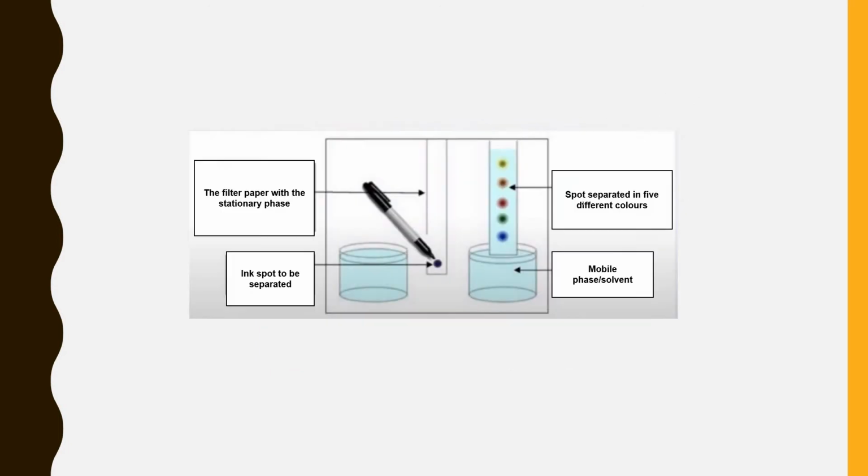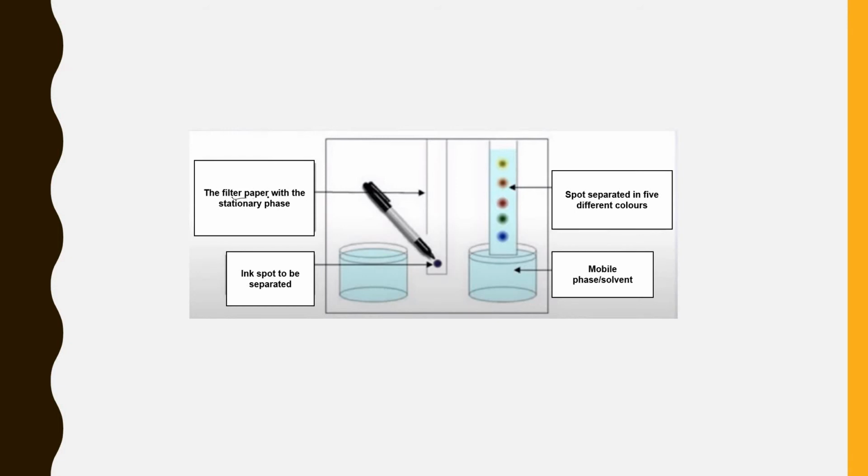As we can see here, for example, you have an ink. In this ink, there are several colors or dyes involved. Your aim is to make a separation by introducing the separation technique, which is chromatography, to see what types of colors are involved.